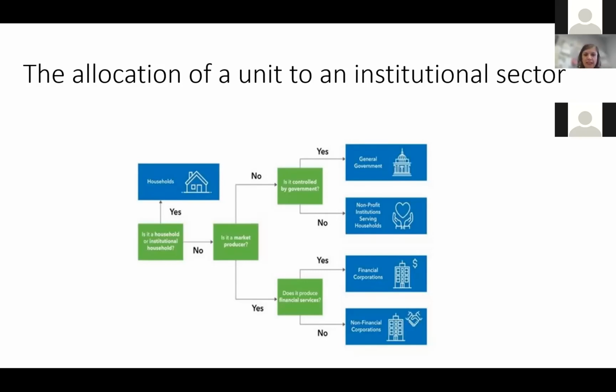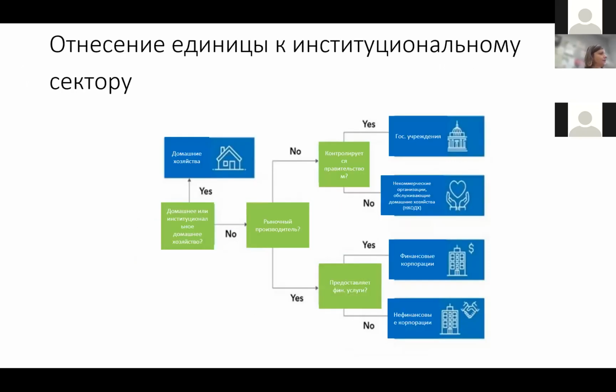We can move to the next slides. So what we see here is: is it a household or institutional unit? If yes, it is a household. If no, this is the next question. Is it a market producer?